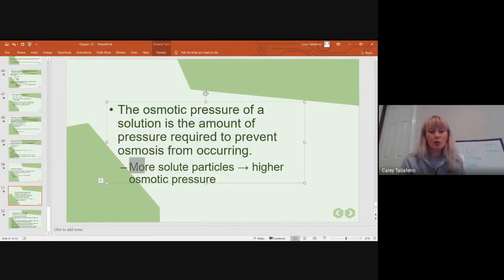So the more solute particles you have in a container, the more that solvent wants to do its job. And the solvent views its job as diluting that solution. So there is going to be a buildup of pressure because that water, in the case of our cells, for example, wants to gush out and dilute whatever particles are in a higher concentration.